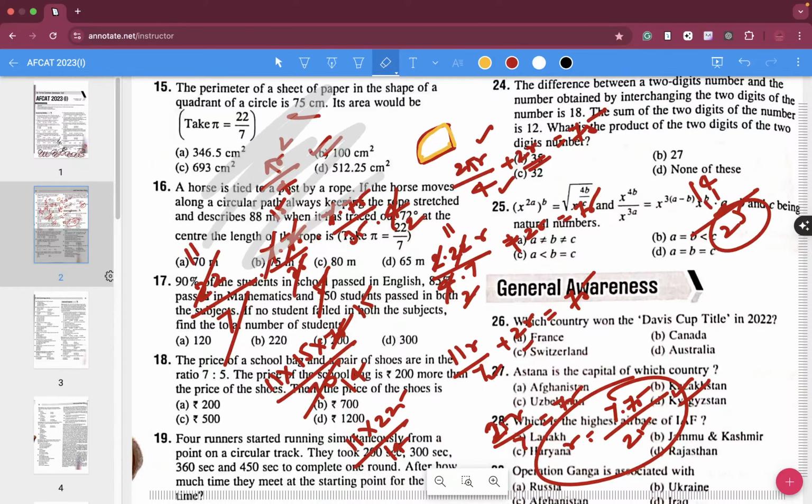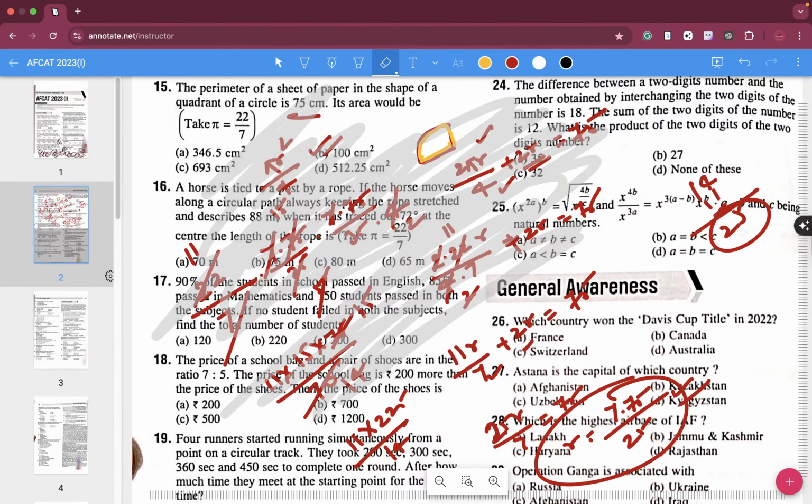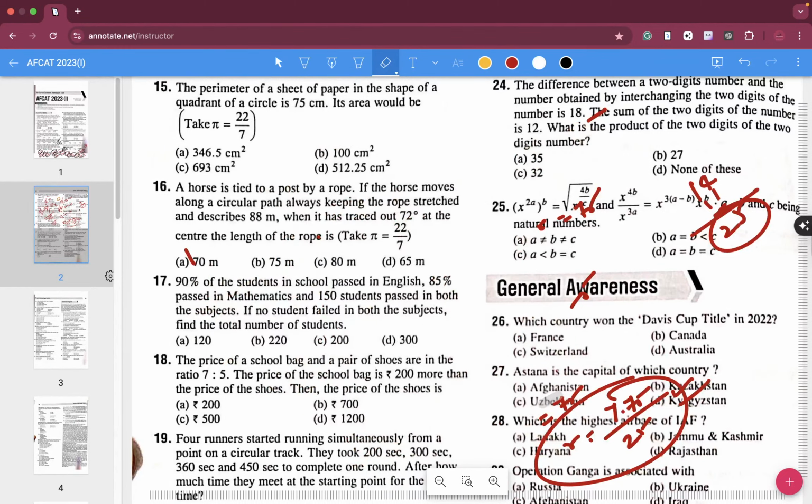Okay, so let me delete all this. We have got the value of r over here. 7 into 75 by 25, which means this one gone 3 times, which means r is equal to 21. And now you have pi r square by 4. Pi is 22 by 7, into 21 into 21, divided by 4.